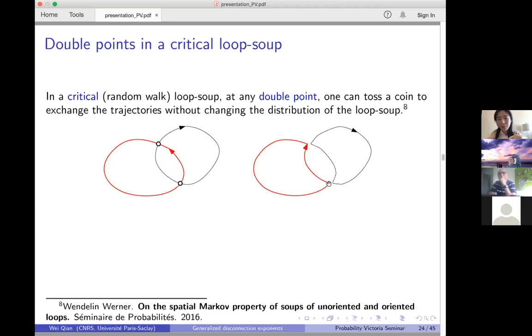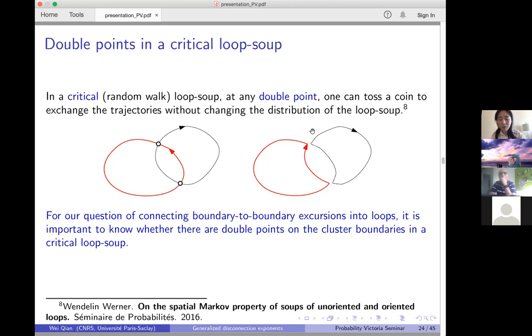Then at these double points, I can toss a coin according to some well-chosen probability law and decide to exchange the trajectory. So I have two different loops on the right. Werner showed that if we choose well this random way of exchanging at double points, then you do not change the global distribution of the loop soup.